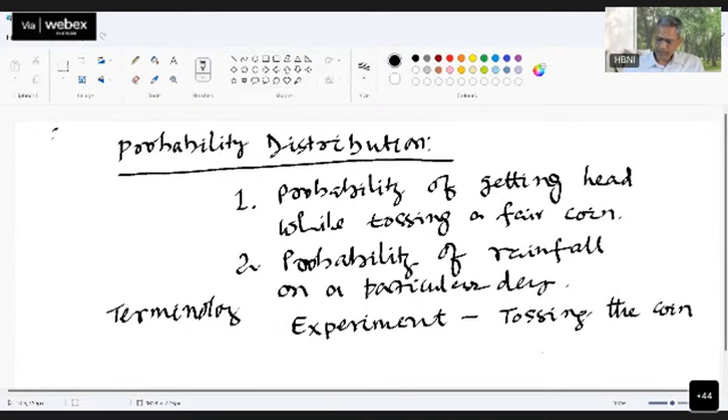Yeah, we're talking about some of the terminologies to understand the probability. One is the experiment. Then you have to know what is called the sample space. Basically, sample space is a list of all outcomes. Suppose now we are studying, suppose head or tail.